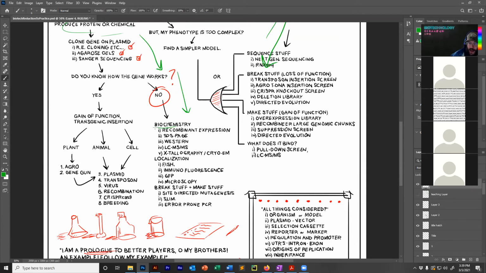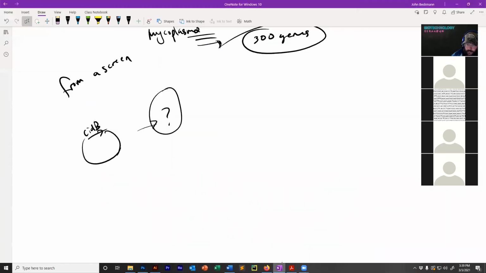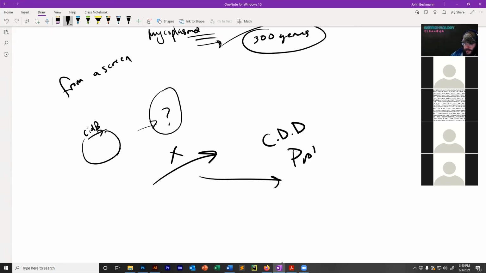You can do some biochemistry experiments. So if you were to look at the gene X in the conserved domain database and it translates into protein X, and if maybe protein X is annotated to have some particular domain, and we know what this domain does, that's a hint.